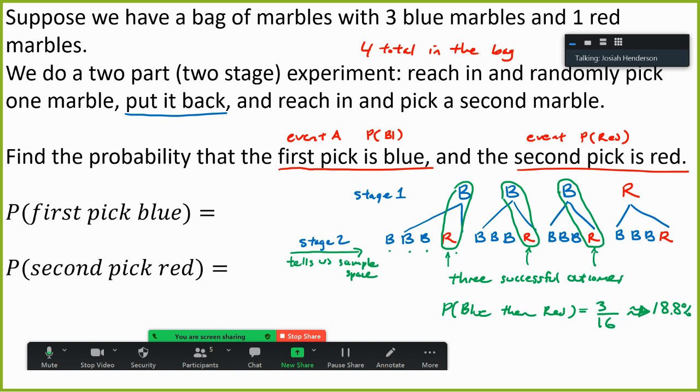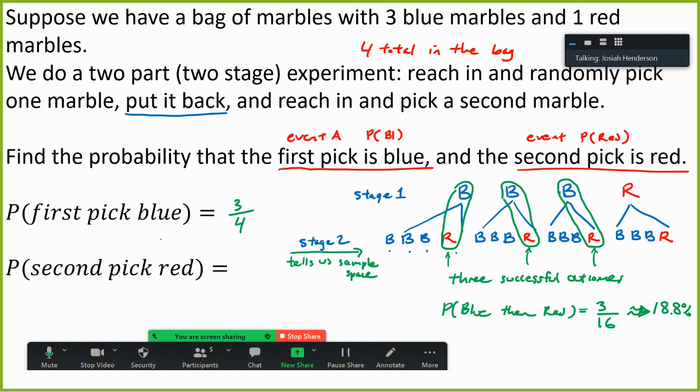But if we back up and examine those separate probabilities, first just picking a blue, what would that be? Successes, there's 3 blues total out of 4 total marbles in the bag, if we're just focused on picking a blue. And then below that, probability of picking a red.